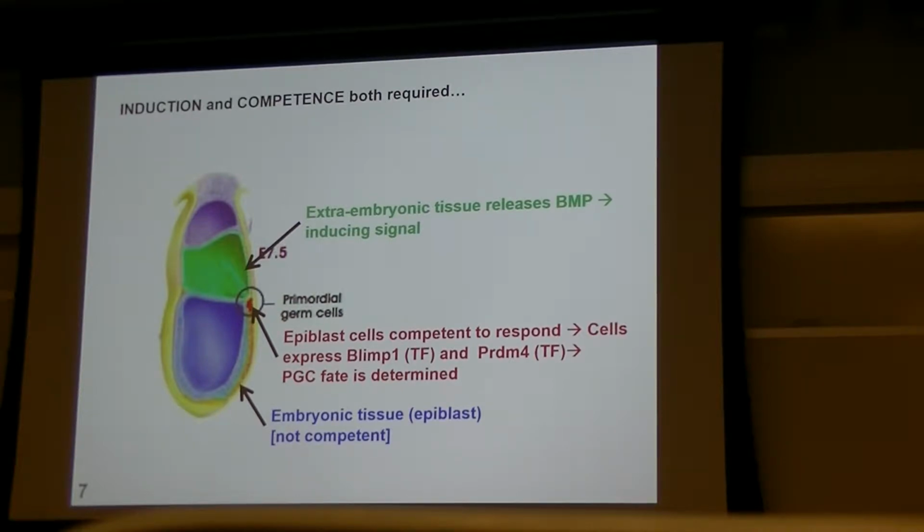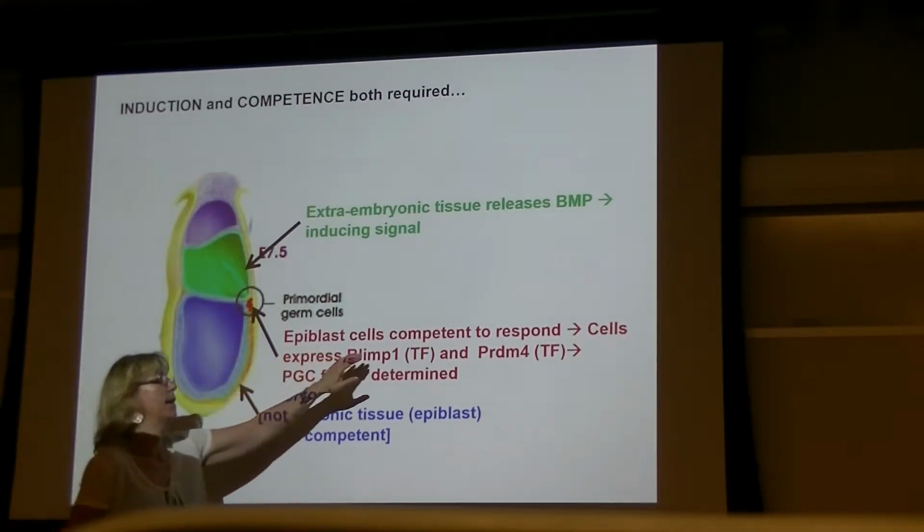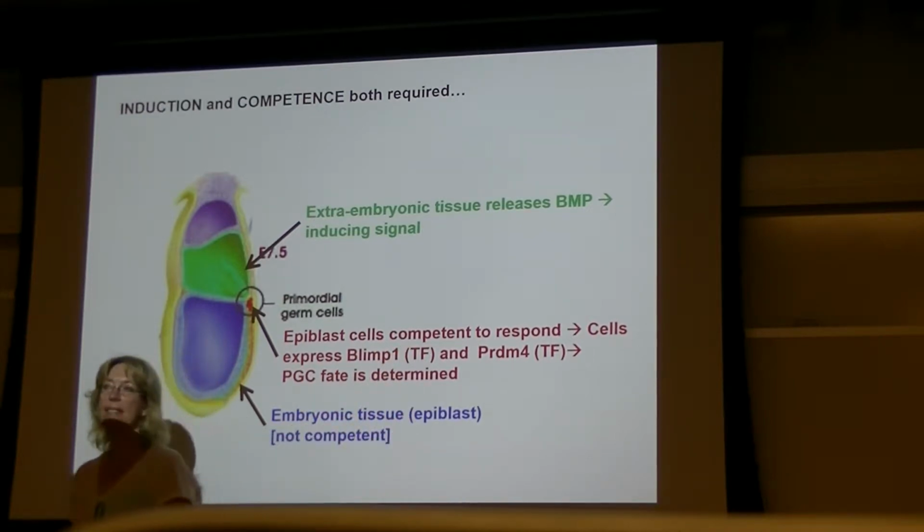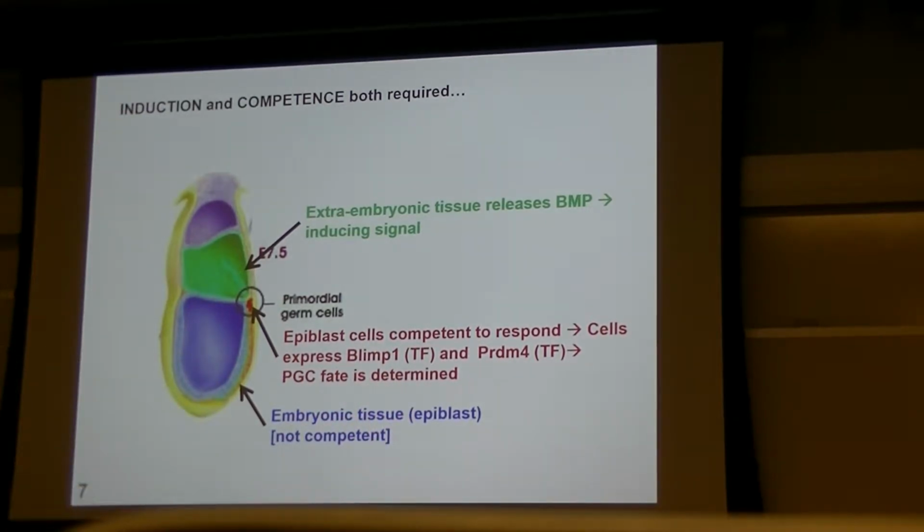But this is a paracrine factor, and when it's released by these extra-embryonic tissues, it can migrate down a few cell layers away and then induce the germ cell fate within these epiblast cells. If these epiblast cells are competent, that is, if they're prepared in molecular terms, then they'll be able to respond to this signal that they receive.